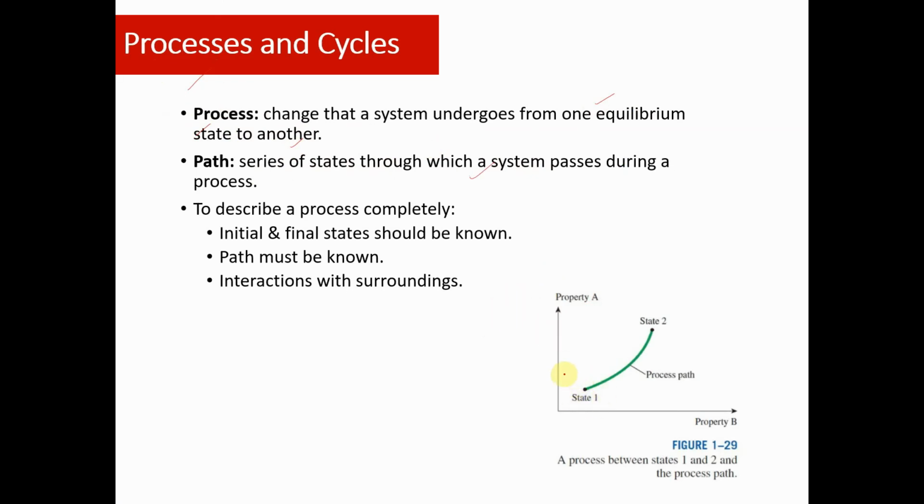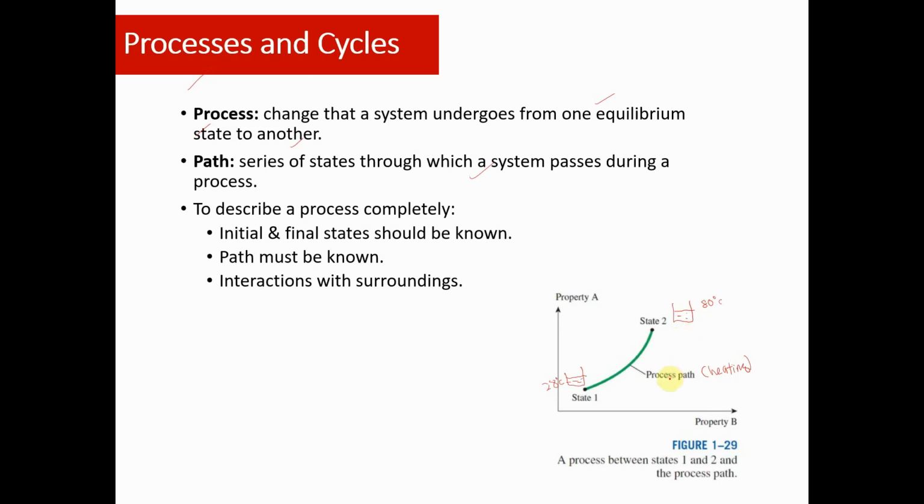So this is state 1, where the cup of water has the same volume, but the temperature is maybe 28 degrees C. And then we have the process part, which is the heating process, where at the end of the process we get state 2 of the system, where the temperature of the water has already increased, maybe to 80 degrees C.